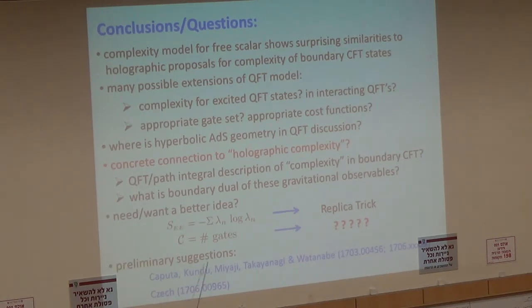Where I was at really with this simple model was I was saying, oh, complexity is the number of gates, so let's define some gates and look at some operations and optimize the circuit. And then I count up the number of gates, and that's the complexity. But what I really need is something over here. I really would like some physics-y calculation, some manipulation, perhaps path integrals, partition functions.